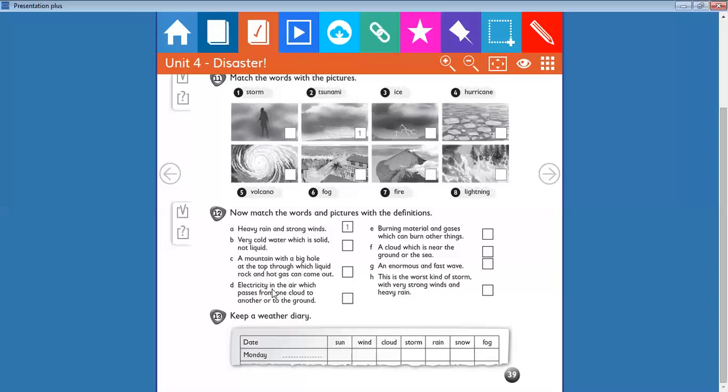The electricity in the air which passes from one cloud to another or to the ground. They are talking about lightning. The lightning, number 8. Burning material and gases which can burn other things.